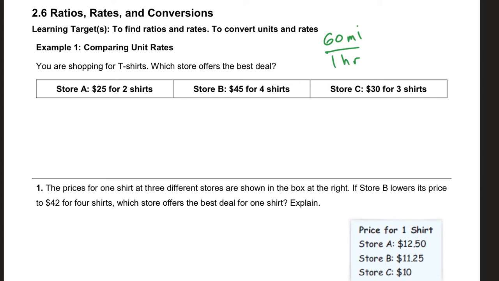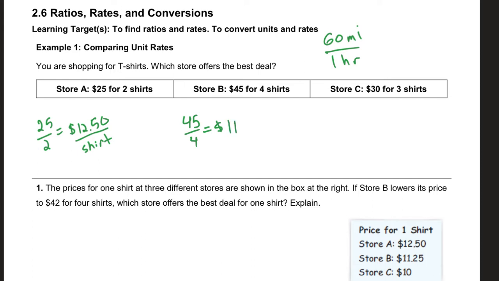So store A would be $25 for 2 shirts, which would be $12.50 per shirt. I'm just dividing the price by the number of shirts. Store B, $45 for 4 shirts. You take 45 divided by 4.